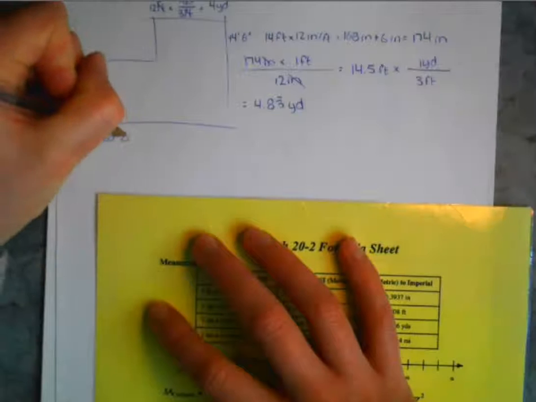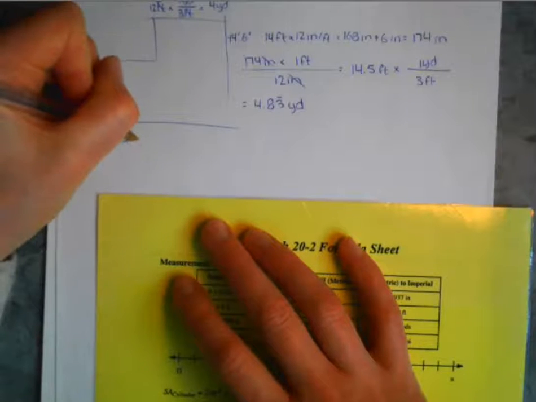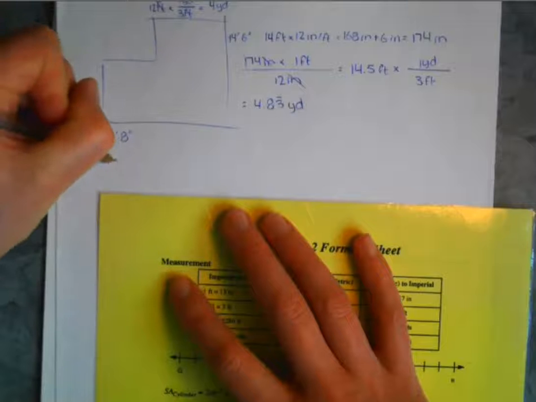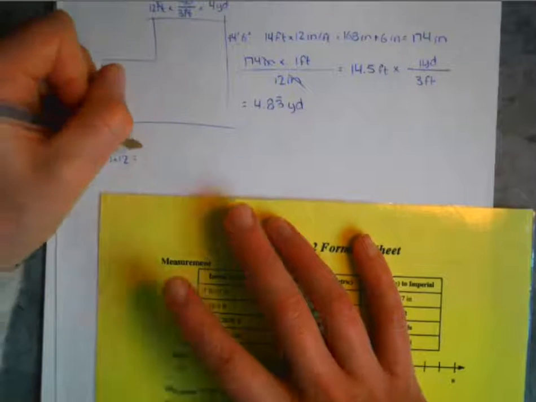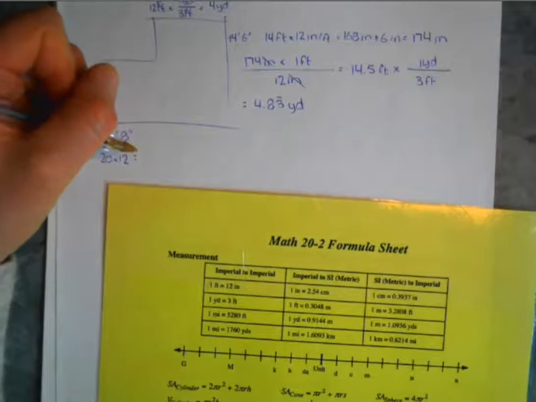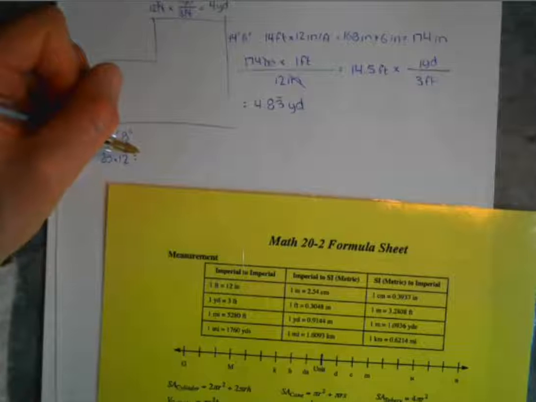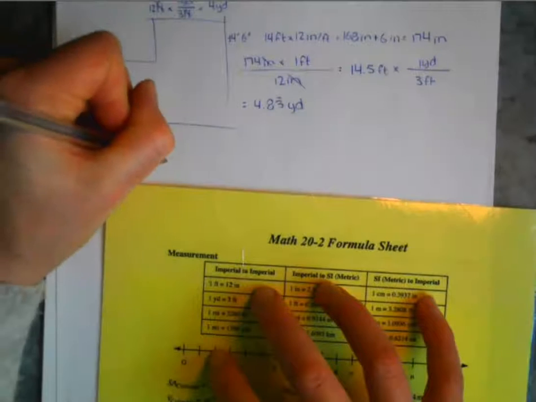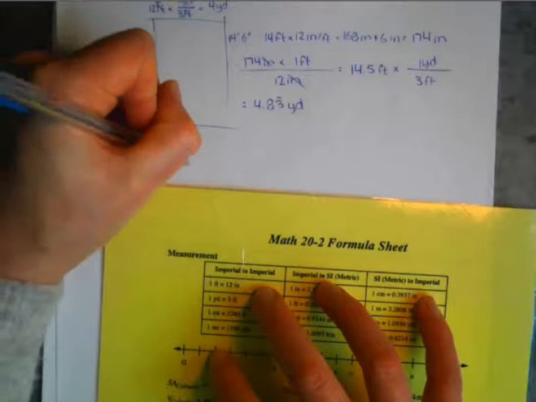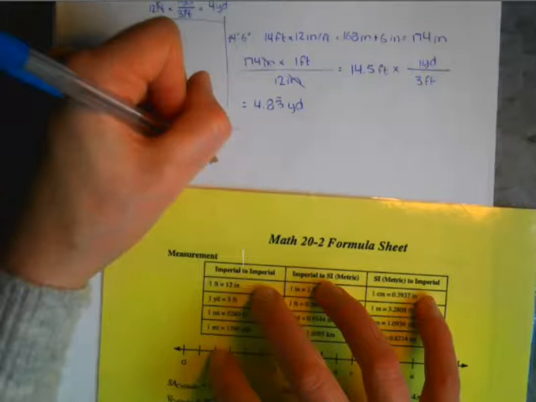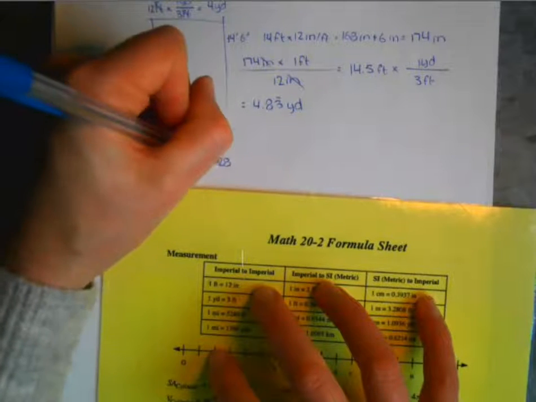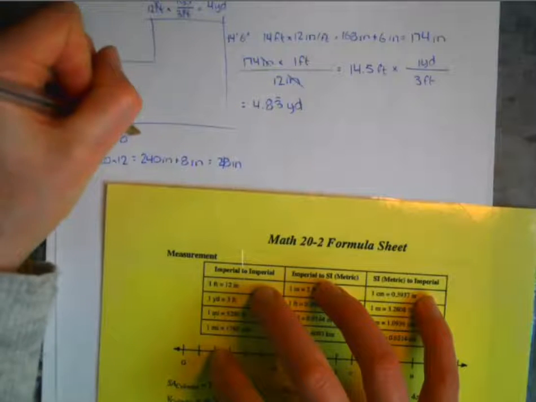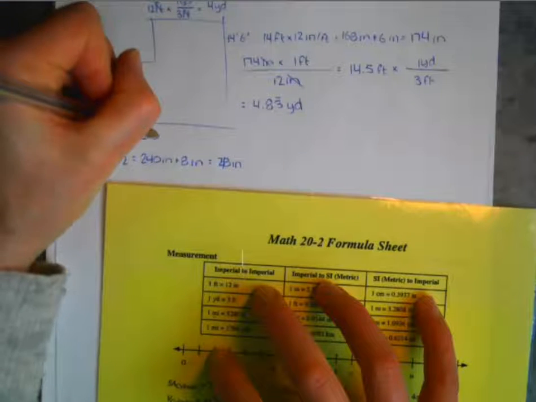So again, I'm going to have to do 20 times 12 equals 240 inches, plus the extra 8 inches, which gives me 248 inches.